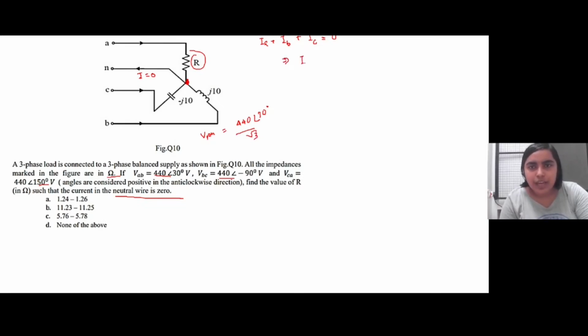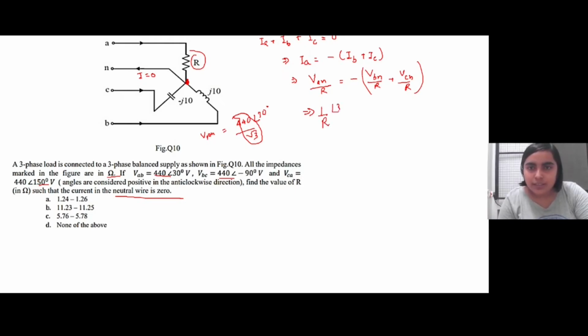If we write IA as minus of IB plus IC, it is VAN by R minus of VBN by R plus VCN by R. Now in each case the magnitude is 440 by root 3, so the magnitude will get cancelled on both sides, right?